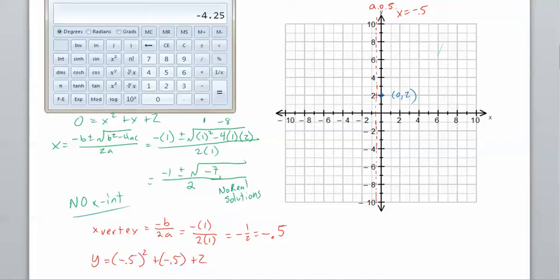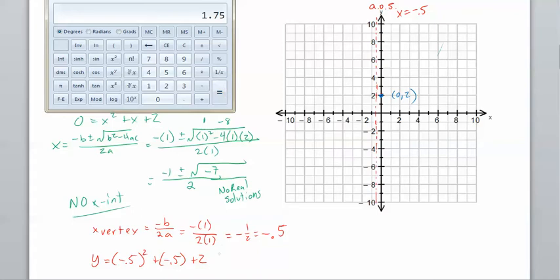So here we go. 0.5 times 0.5. Oops, I did minus. Sorry. So 0.5 times 0.5. And then we're going to go plus negative 0.5 and then plus 2.